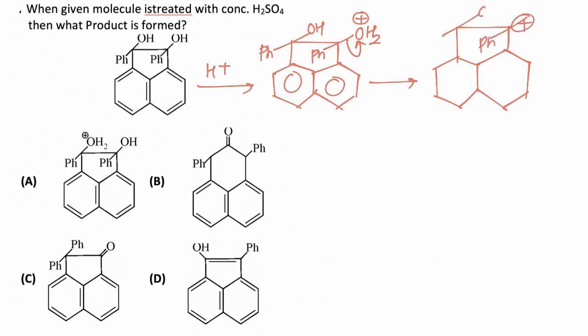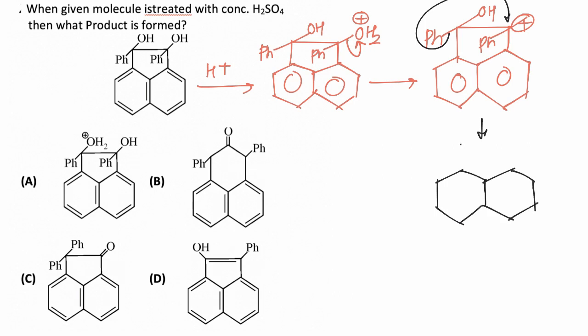Now this carbocation may be further stabilized by alpha effect of OH group. So phenyl will migrate at adjacent position forming carbocation, which will be stabilized by alpha effect. So Ph and OH positive charge.